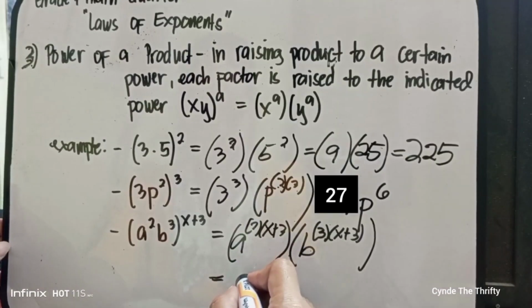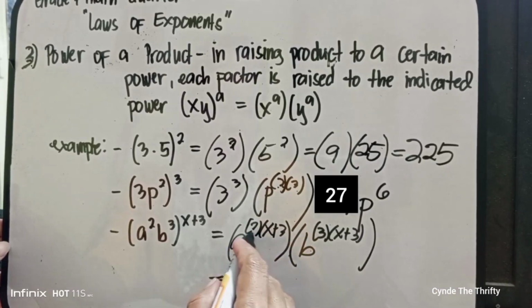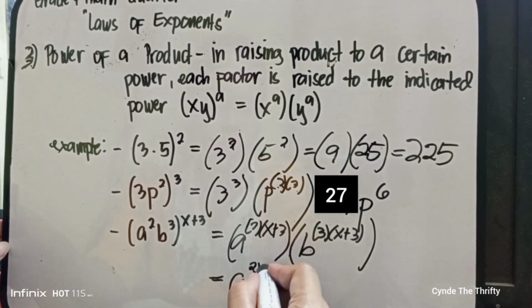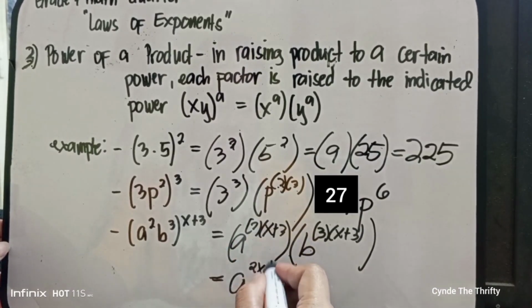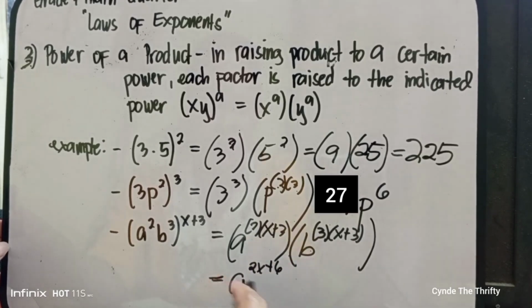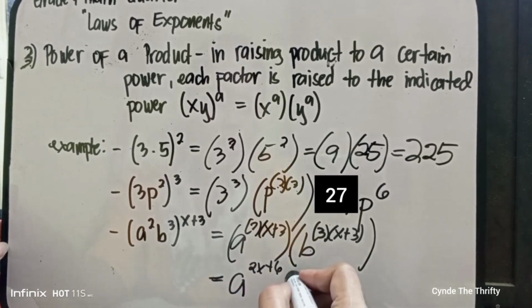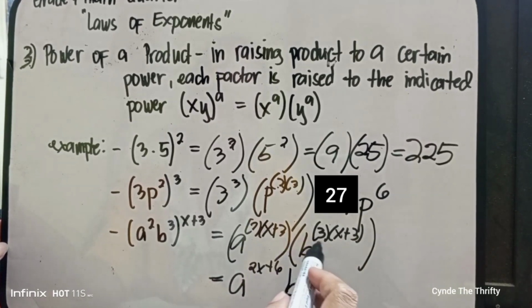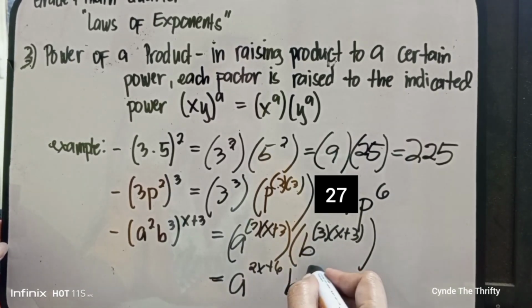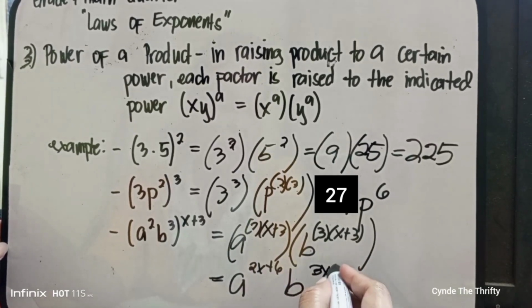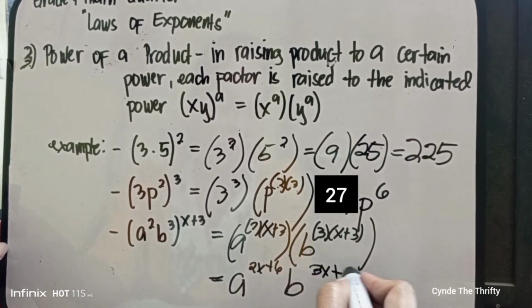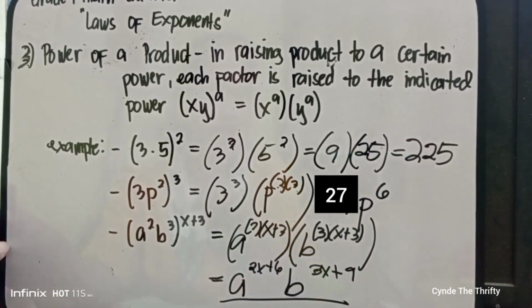So, a, 2 times x equals 2x, and 2 times 3 equals plus 6. So, a raised to the power of 2x plus 6. And then b, 3 times x equals 3x plus 3 times 3 equals 9. So, yan na yung sagot natin.